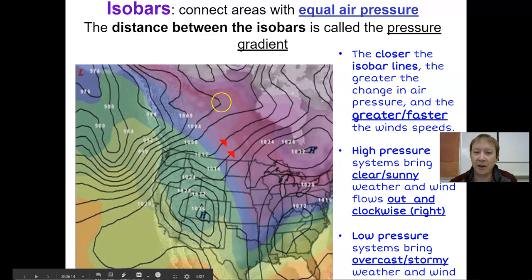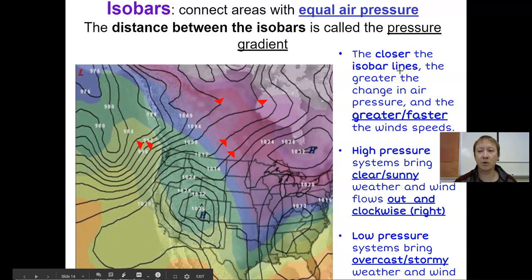You can see in areas where the lines are further apart, say right here and right here, it takes a long time to go from a pressure of 1004 to 1008. Whereas if we look over here, right here it's 992, and this one is 996. So it changes really quickly.